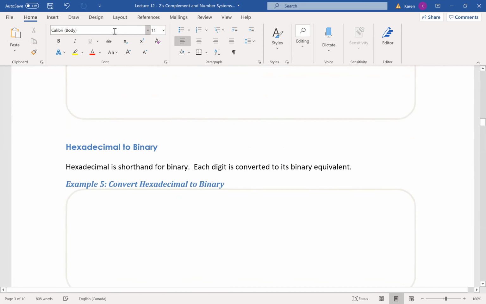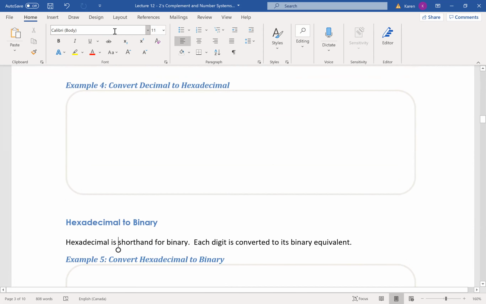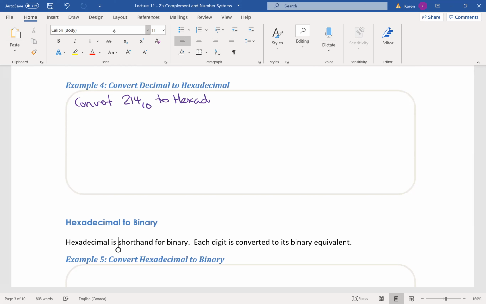Okay, now let's give one more example, converting 214. We would divide by 16 and get 13, remainder 6.